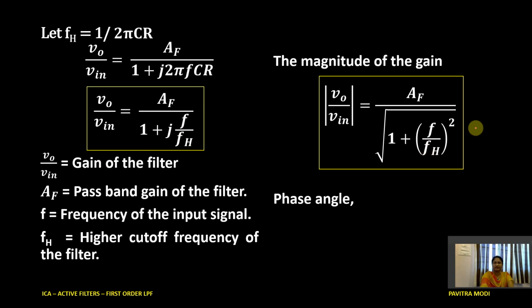The phase angle can simply be written as phi equal to minus tan inverse of f by fH. If it were in the numerator, you would write tan inverse of f by fH. As it is in the denominator, you write minus tan inverse of f by fH. There won't be any phase change for the real terms, so the numerator has no phase change.